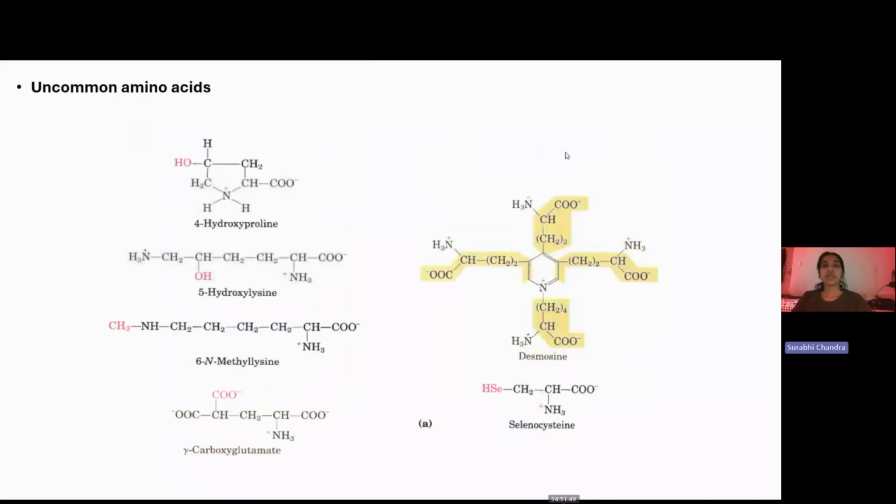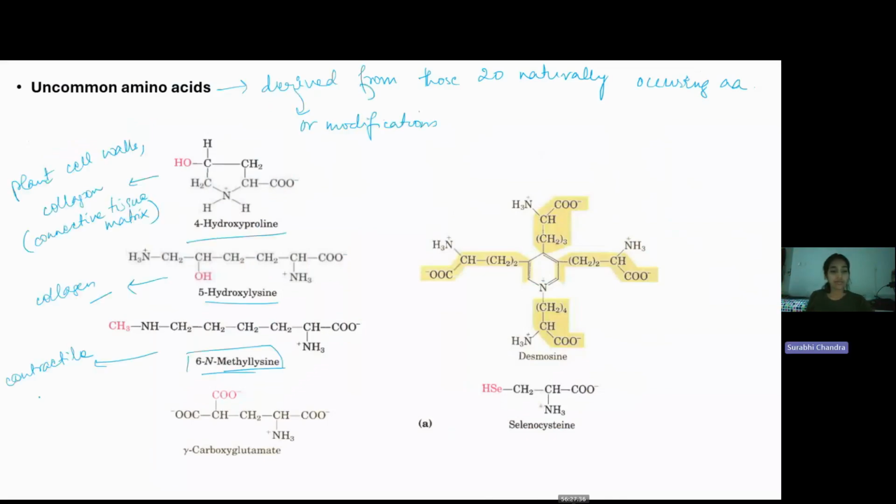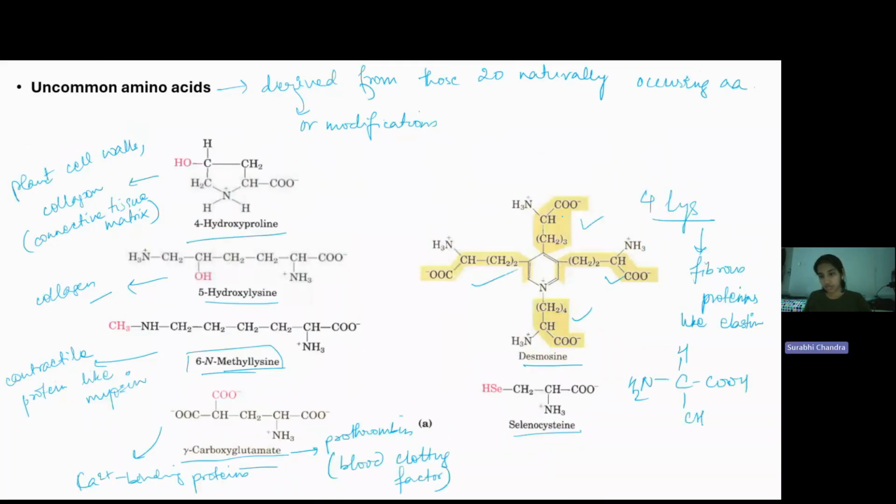And also, we talked about the 20 naturally occurring amino acids, right? However, there are certain uncommon amino acids which also exist in nature, which are modified or derived versions of these 20 naturally occurring amino acids. So one is 4-hydroxyproline.